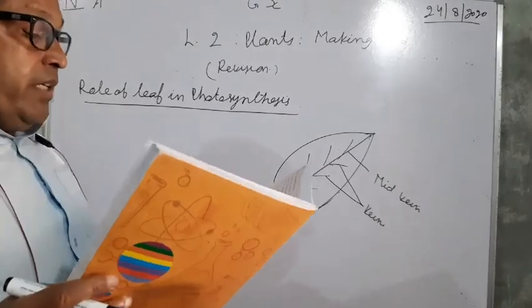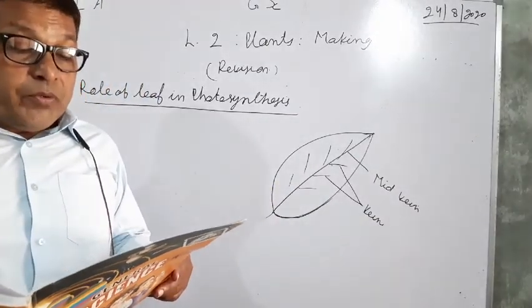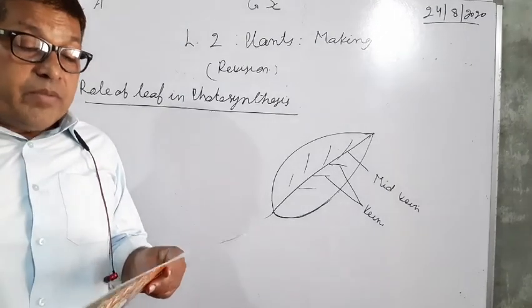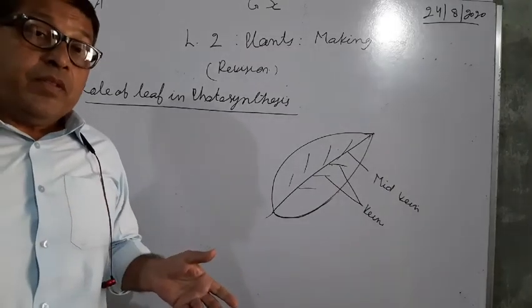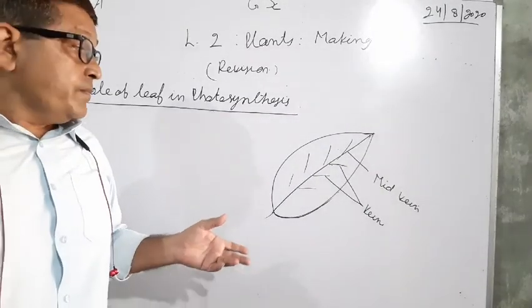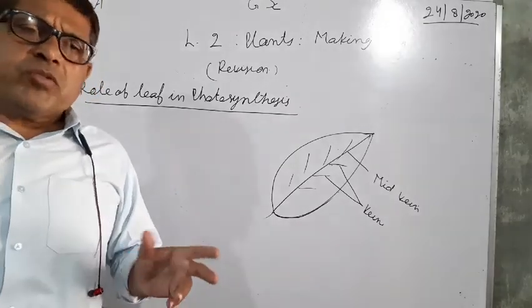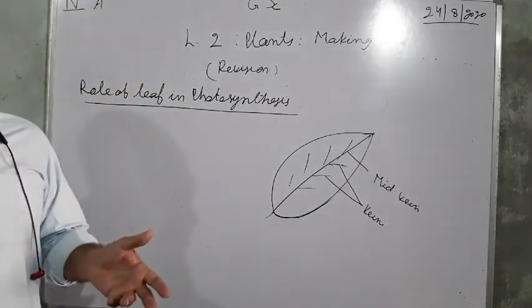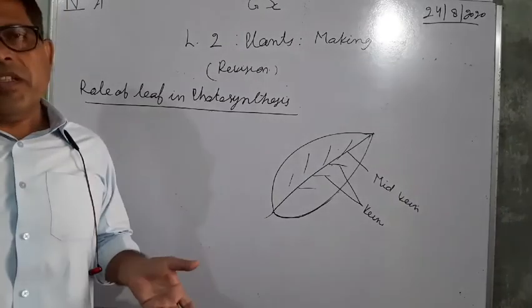The carbon dioxide needed for photosynthesis enters the leaf through tiny pores called stomata, which are mainly on the lower surface of the leaf. So, the exchange of gas takes place via the stomata. Stomata are minute pores found on the surface of the leaves. Mainly these are found on the lower surface, but they may also be found on the upper surface.